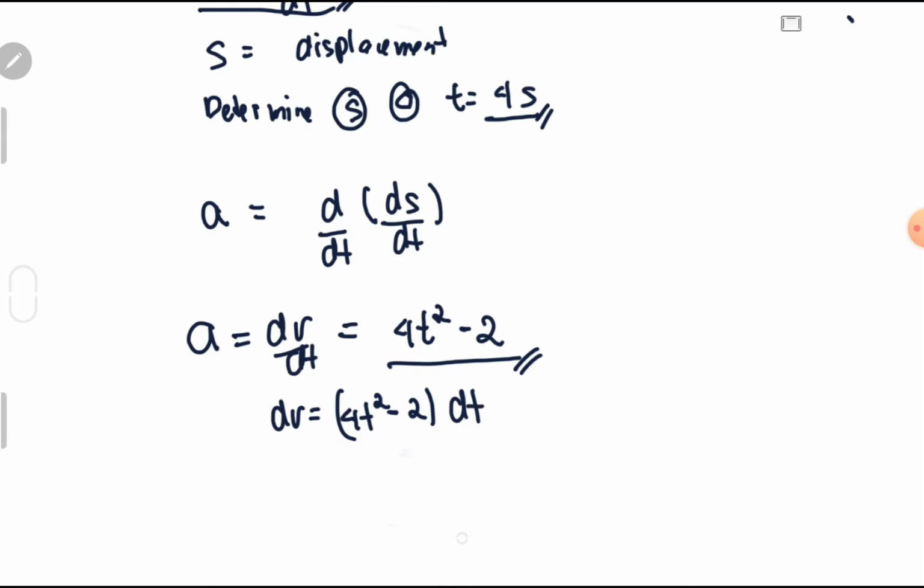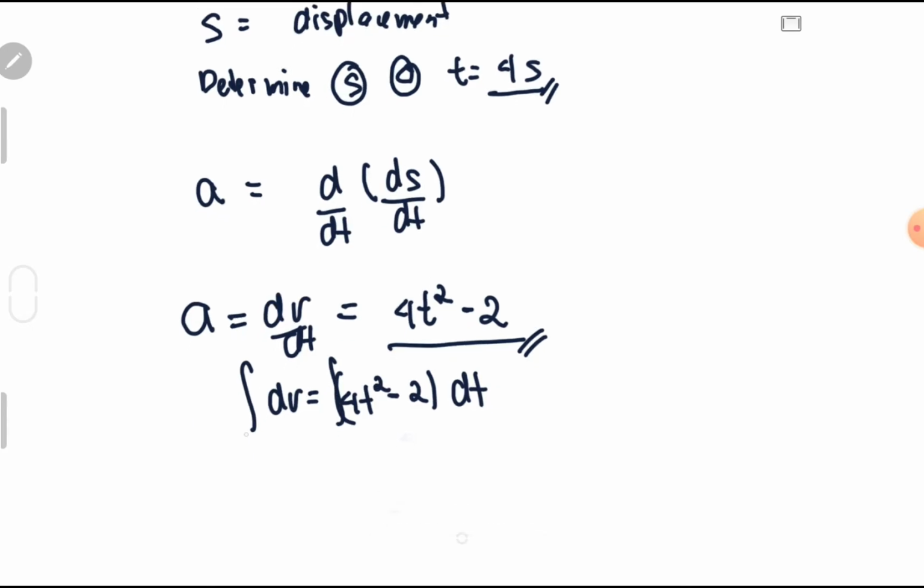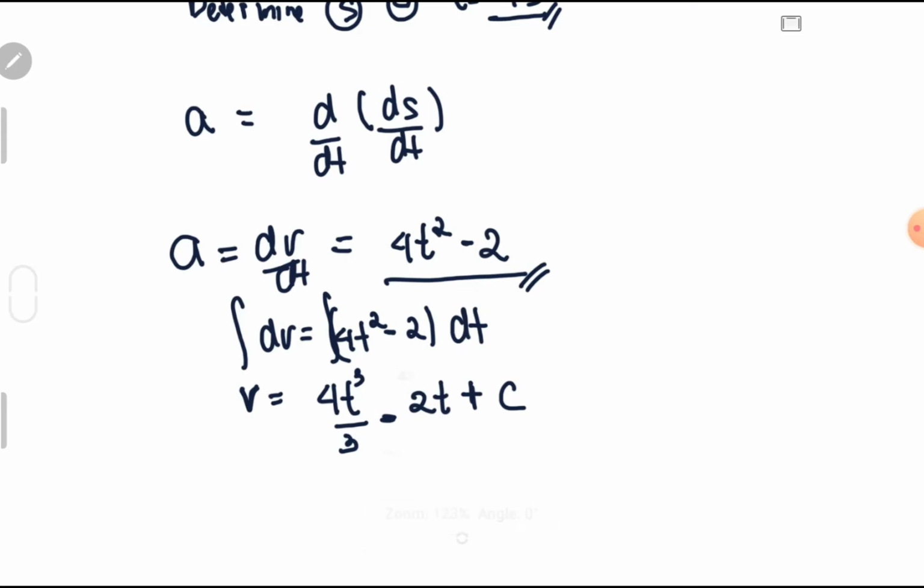Getting the integral of both sides, we have v equal to the integral of 4t², which is 4t³/3, minus 2t plus c. Okay? So v = 4t³/3 − 2t + c.